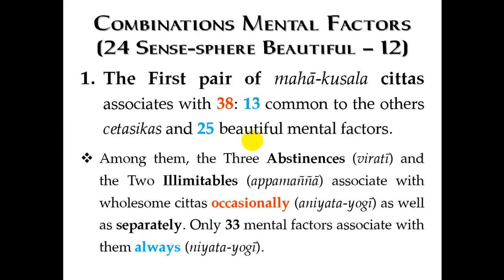Therefore, these five, the 3 abstinences and 2 illimitables, associate with wholesome citta occasionally. We call it in Pali aniyatayogi. Normally Abhidhamma teachers use Pali. It's easier to learn. Otherwise, if you use English, it is very confusing, even now, with appreciative joy and altruistic joy. Therefore, it's good to use Pali.